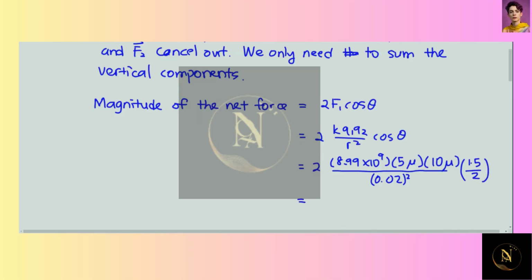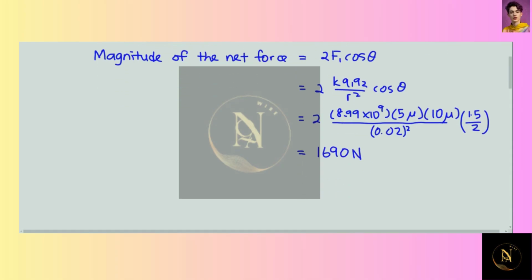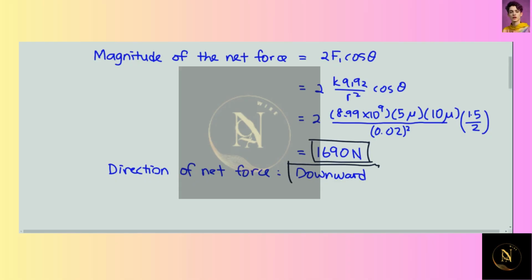When you calculate this, you get 1690 newtons, and the direction of the net force is downward. So this is the magnitude and direction of the net force. This is part A.